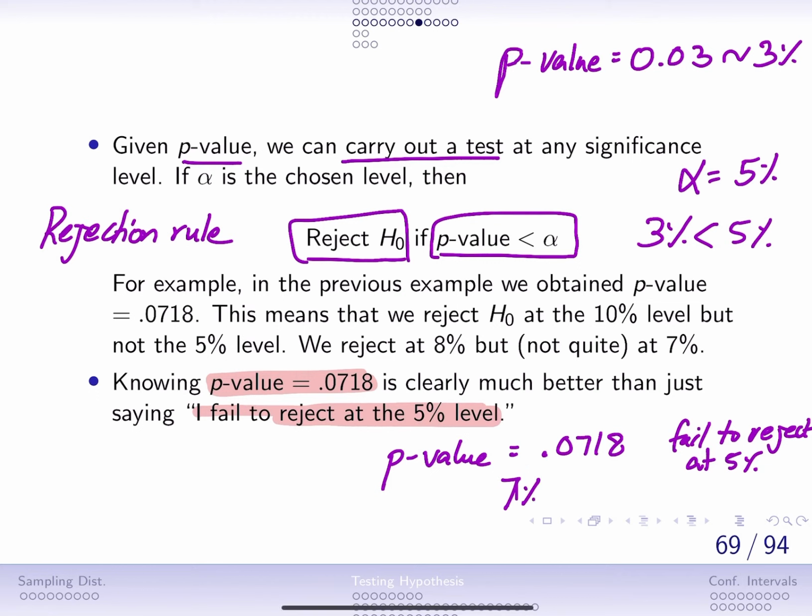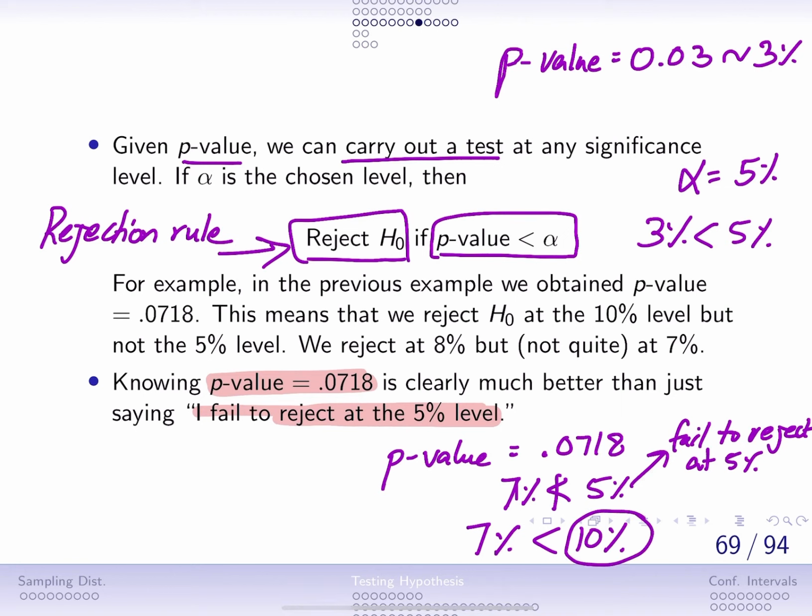So 7% is not less than 5%, right? So this was the rejection rule. If 7% is not less than 5%, we fail to reject. Otherwise, we would have rejected, okay? But at 10%, we can reject it, okay? So 7% is less than 10%. So if our alpha was 10%, we can say we reject the null at 10%.